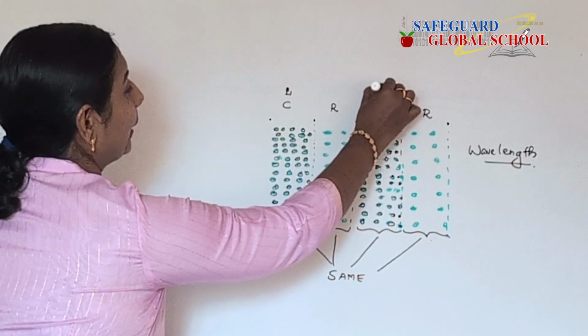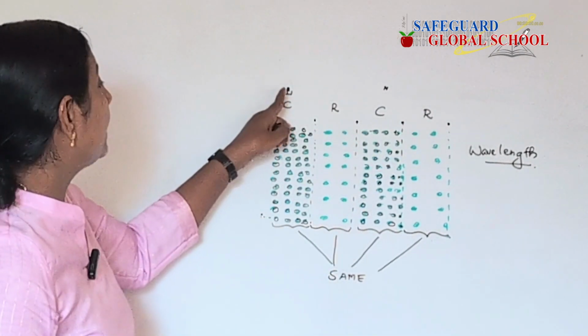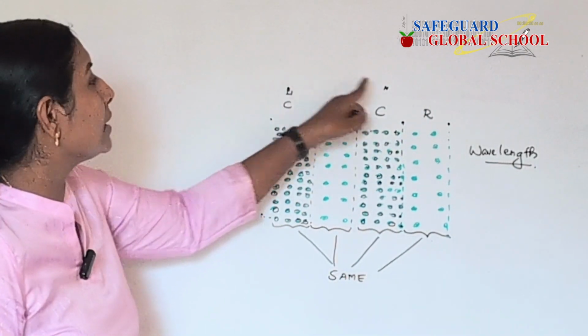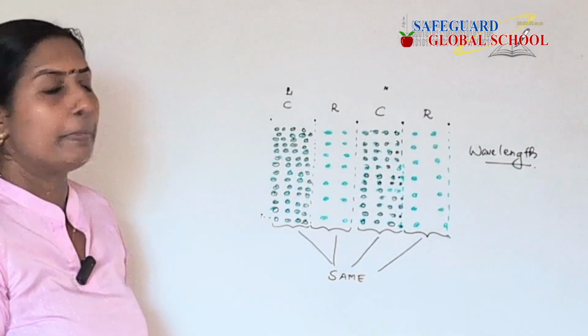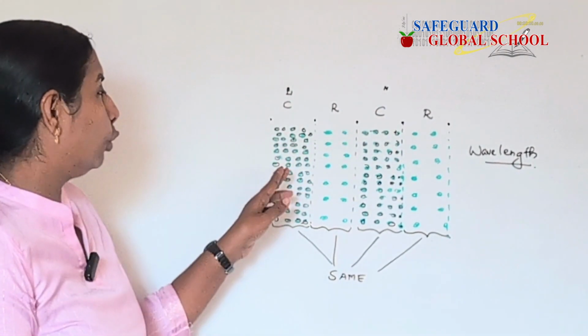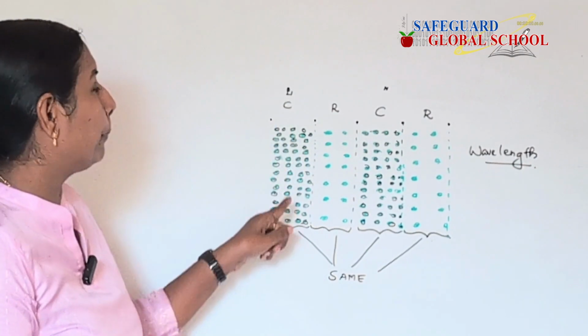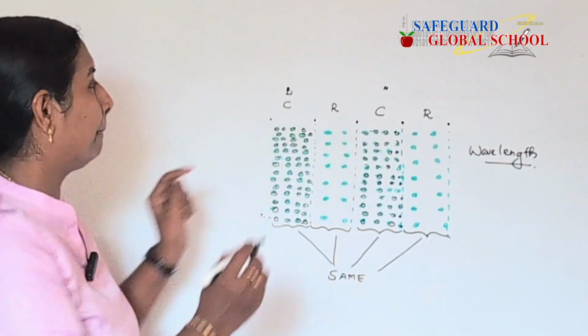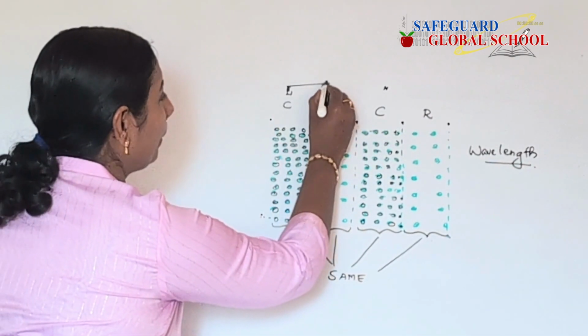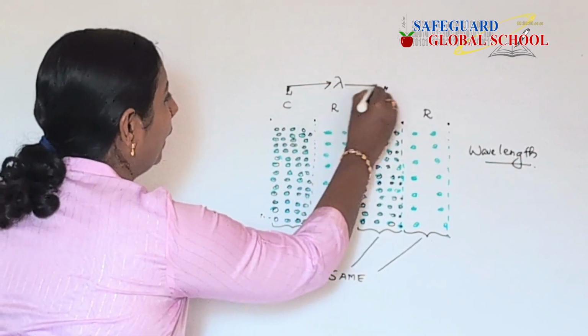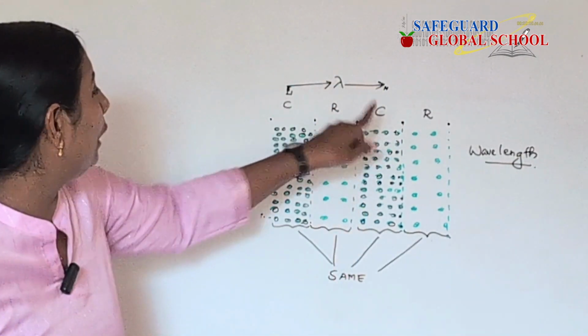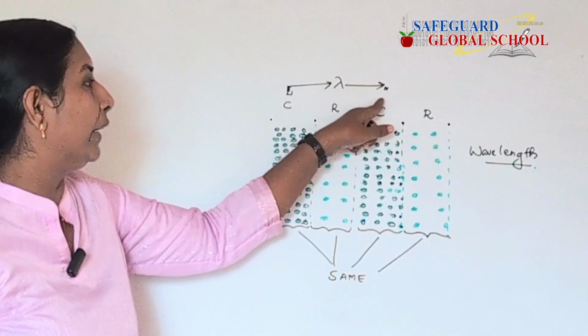So this is another compression, the next compression. The distance between two consecutive compressions is what is meant by wavelength. In order to get a specific point, we are taking the middle of each compression. So when we mark from the middle of one compression to the middle of the next compression, we will get the wavelength.